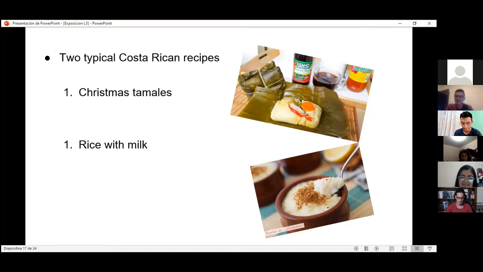No, la pregunta es como que si usted considera que la preparación de la comida costarricense es difícil, fácil. Yes, it's easy. O sea, si te está contestando, Andrés, te está diciendo easy, o sea, fácil. Ah, ok. Es que hace rato no lo escuché, perdón.